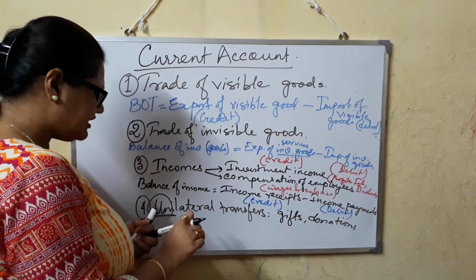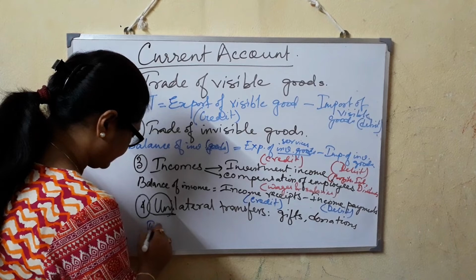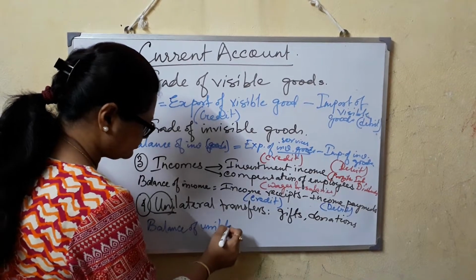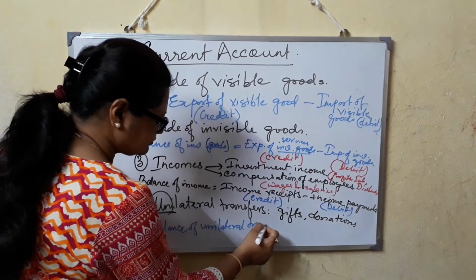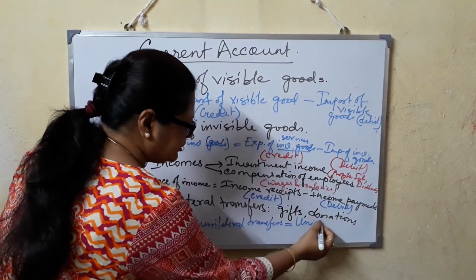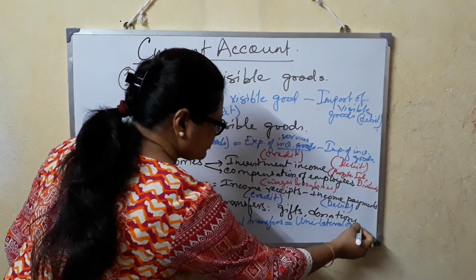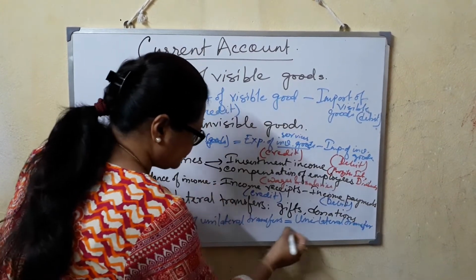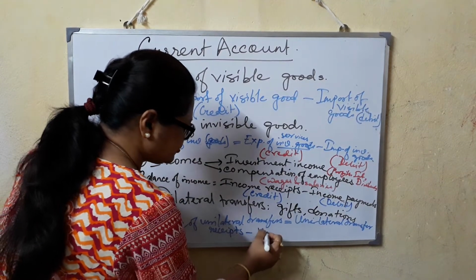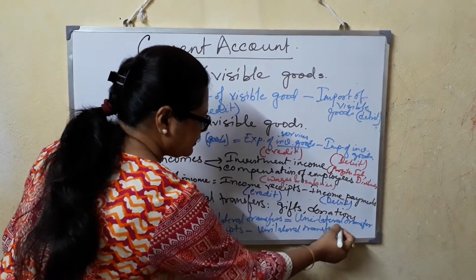So balance of unilateral transfers can be written as unilateral transfer receipts minus unilateral transfer payments.